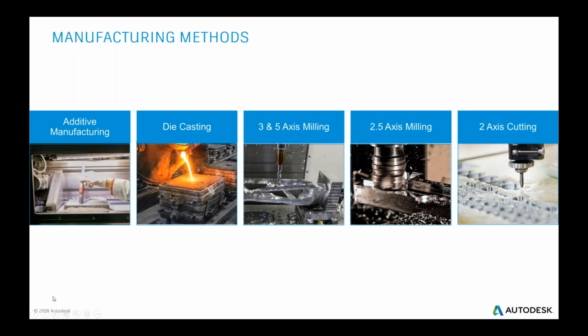As we set up those definitions, Mike mentioned we are manufacturing aware. So whether you're interested in seeing outputs that pertain to additive manufacturing or die casting or some form of milling, each of these can be toggled on and off. In a lot of situations, it doesn't cost any additional time to include an extra manufacturing method.